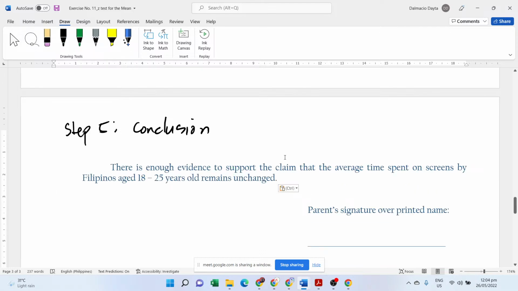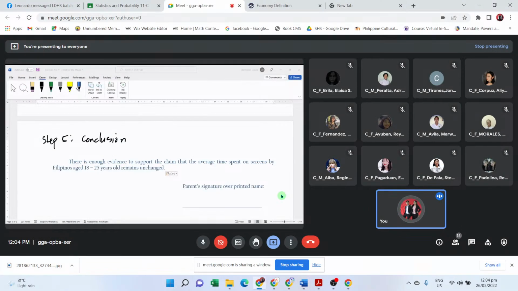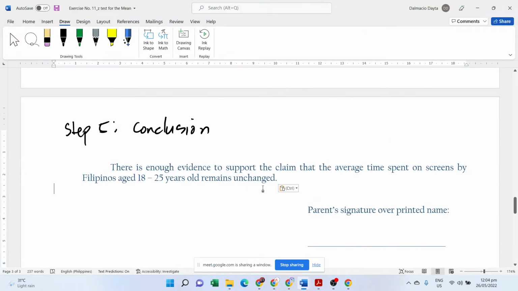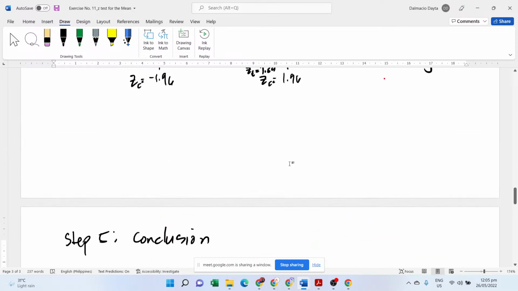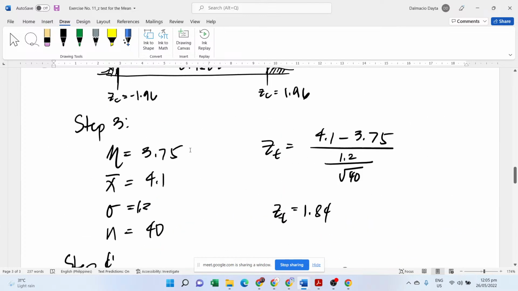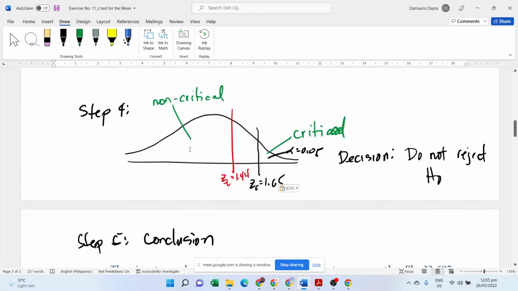There is enough evidence to support the claim that the average time spent on a screen by Filipinos aged 18 to 25 years old remains unchanged because we did not reject the null hypothesis.